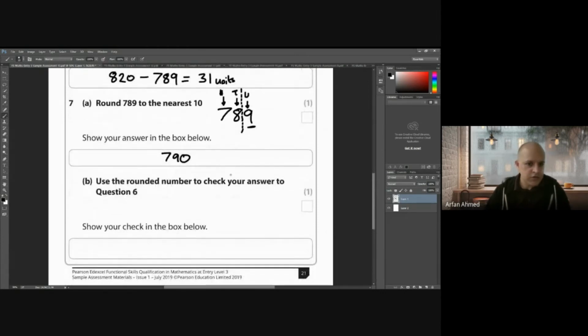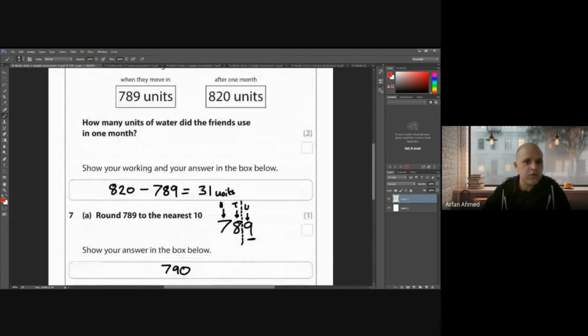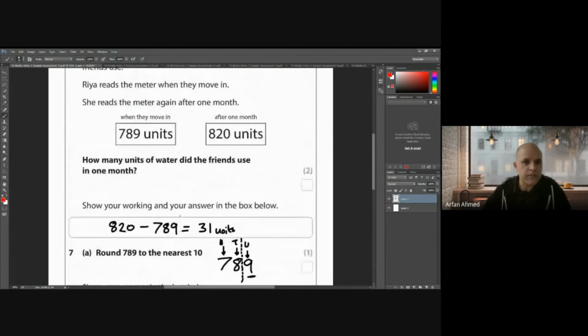Then it says, use the rounded number to check your answer. We see this quite often in functional skills, even in entry level. Whenever it says show a check of your answer, you have to do the opposite of what you just did, or a reverse calculation. So what did we do in question 6?